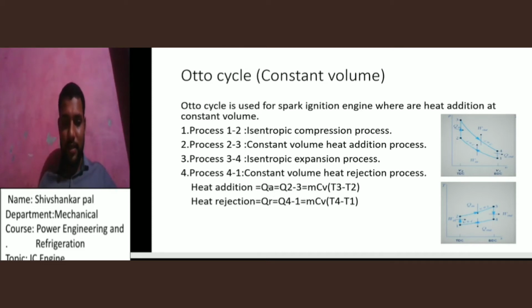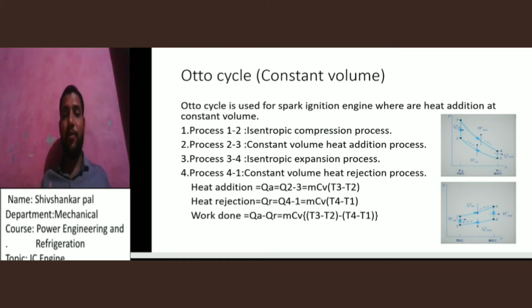When both heat addition and heat rejection are found, what is the work done? Work done W equals heat addition minus heat rejection, W equals QA minus QR, which is m CV (T3 minus T2) minus m CV (T4 minus T1). That is our work done.